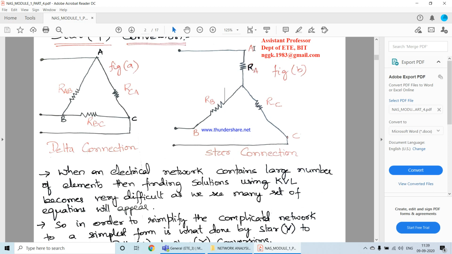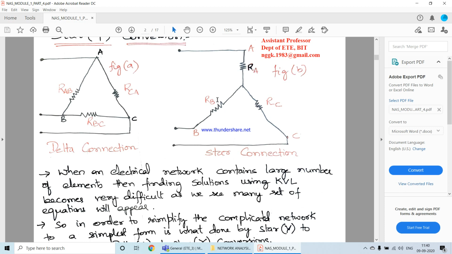Similarly, if I want to find the equivalent resistance across A and B in star, as C is open here, RC will be neglected. Therefore, the equivalent resistance across A and B would be equal to RA plus RB. So here RAB is in parallel with RCA plus RBC, whereas here RA plus RB is the equivalent resistance.